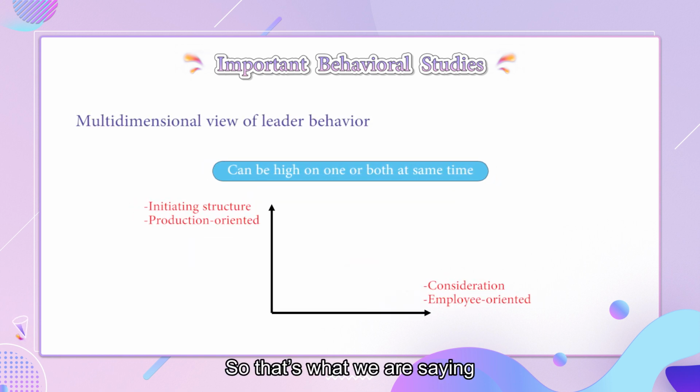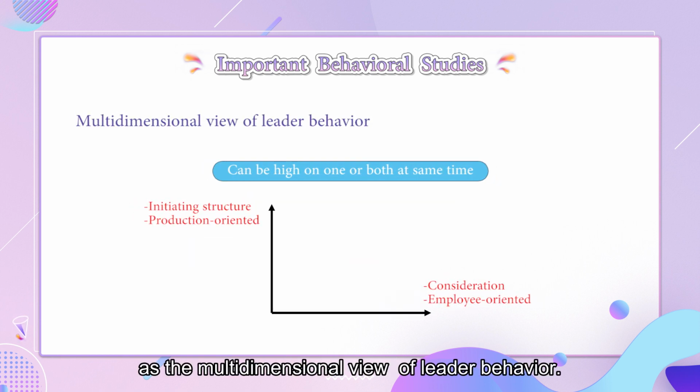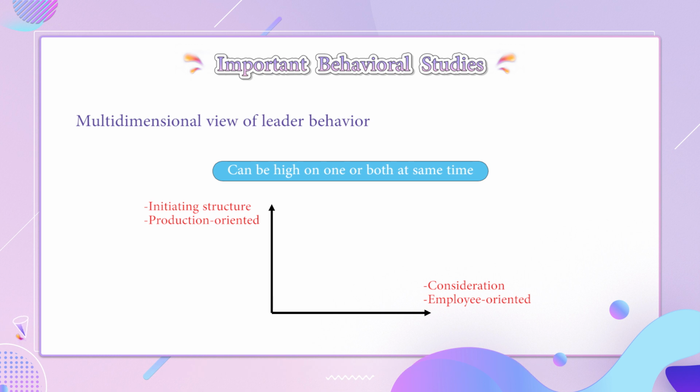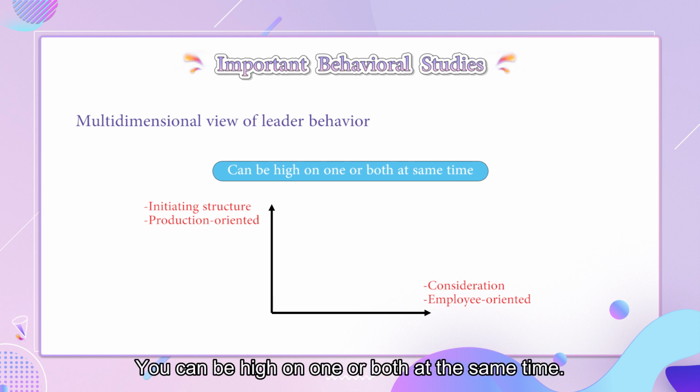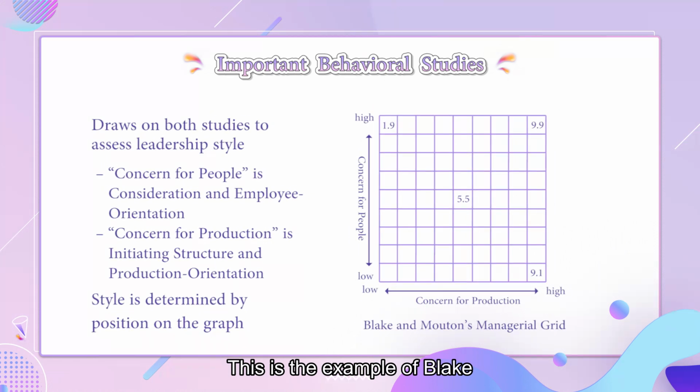That's what we're seeing as the multi-dimensional view of leader behavior. The vertical axis is production-oriented and the horizontal axis is employee-oriented. We now have a two-dimensional view. You can be high on one or both at the same time. This is an example of Blake and Mouton's Managerial Grid.